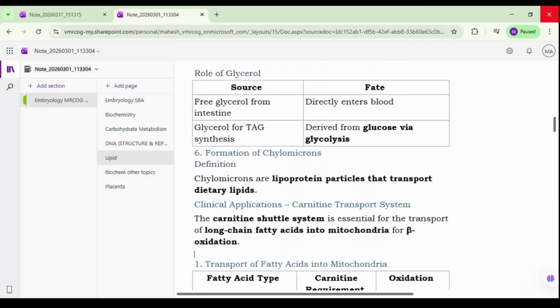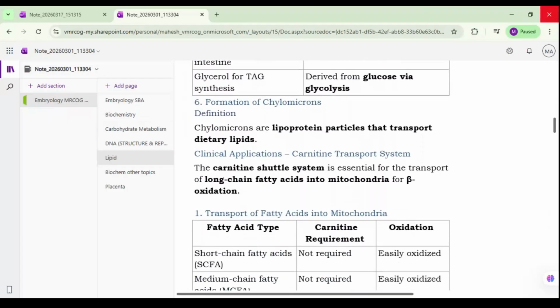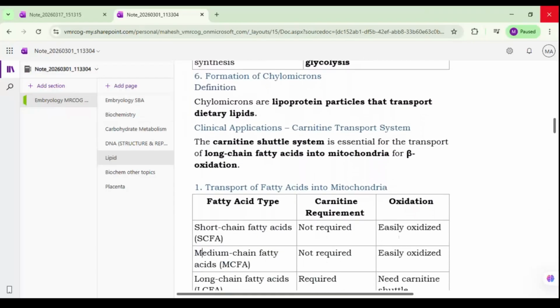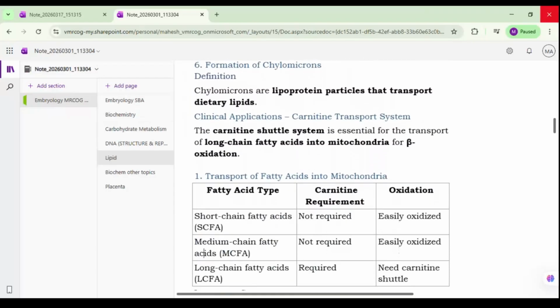Okay. Now, the next step is the formation of chylomicrons. Chylomicrons are the lipoprotein particles that transport the dietary lipids. The clinical application is the carnitine shuttle system. You should understand that there is an important concept of the carnitine shuttle system. We know that fatty acids are short chain fatty acids, medium chain fatty acids, and long chain fatty acids.